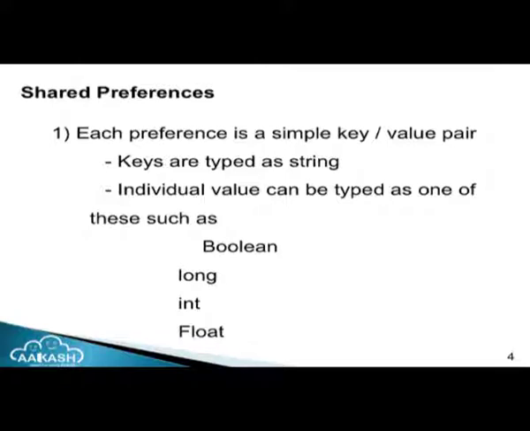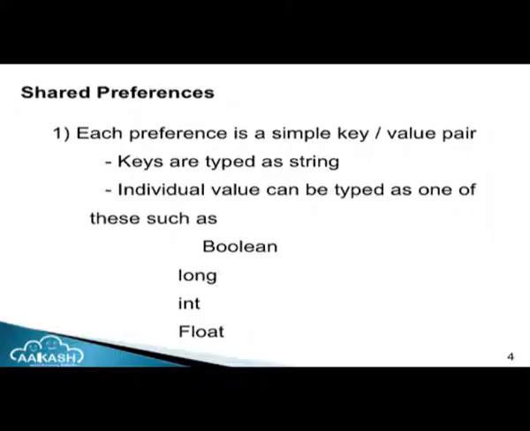I'm repeating this because it is very important. Each preference is a simple key and value pair. Your key is a string and the value could be anything: boolean, long, int, float.